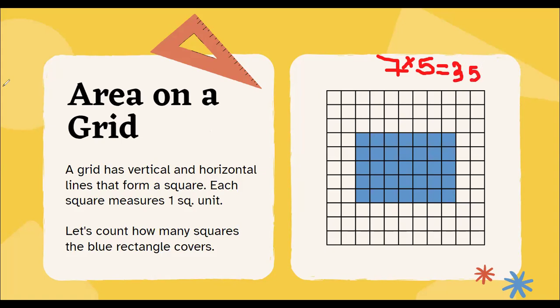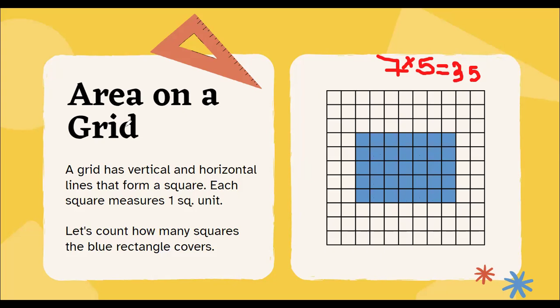Now let me check if this is correct or not. First let's count: 1, 2, 3, 4, 5, 6, 7, 8, 9, 10, 11, 12, 13, 14, 15, 16, 17, 18, 19, 20, 21, 22, 23, 24, 25, 26, 27, 28, 29, 30, 31, 32, 33, 34, 35.